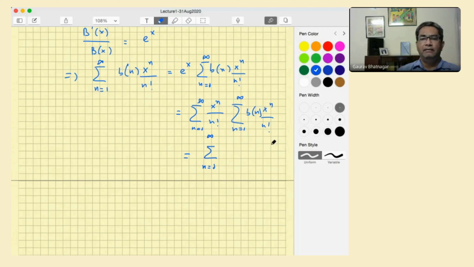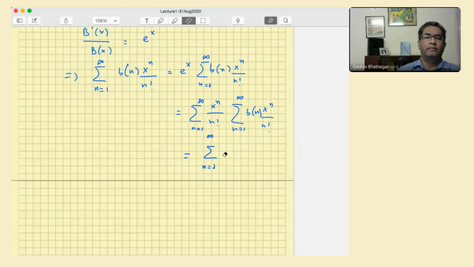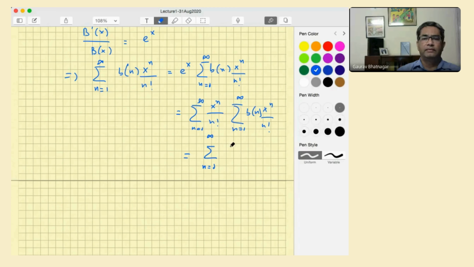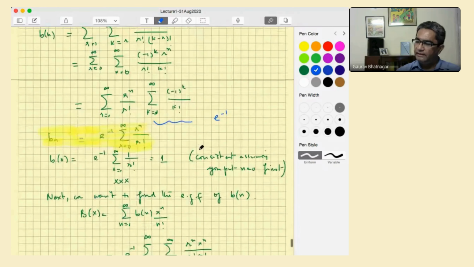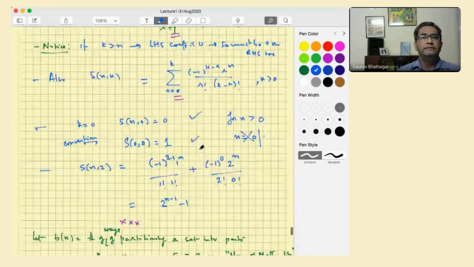We can combine, if you recall, we had done this: the sum for k going from 0 to n of n choose k, b of n minus k, times x to the n over n factorial. Let me verify where we had done this.